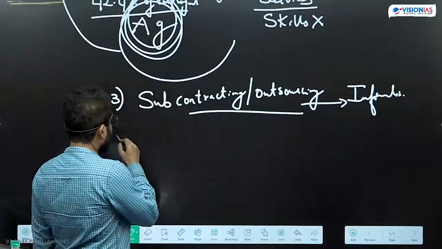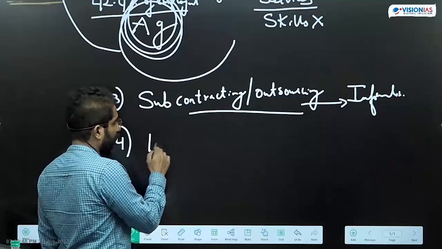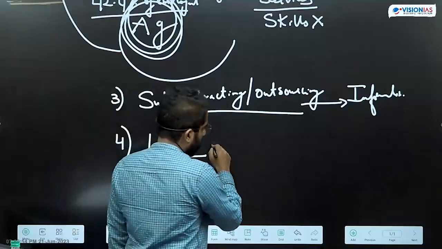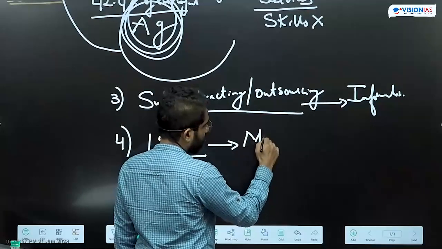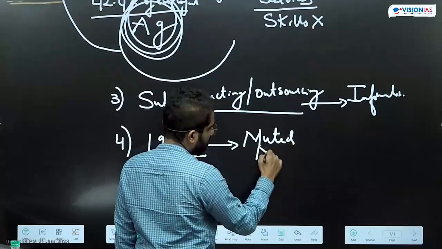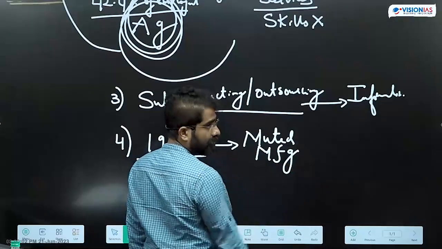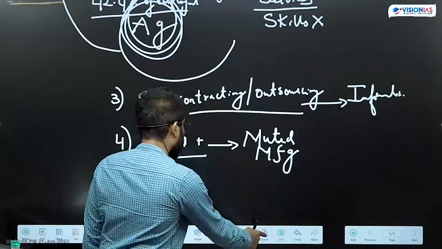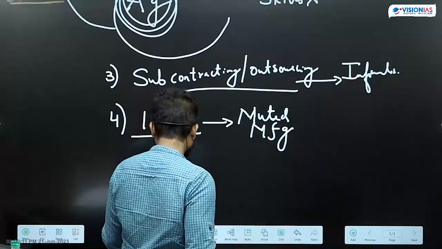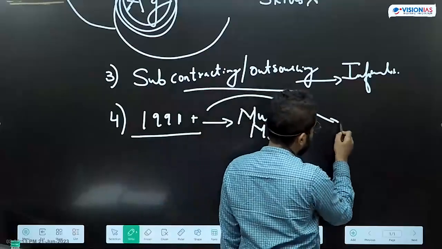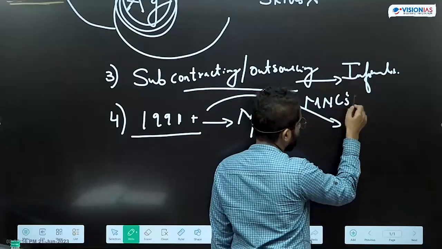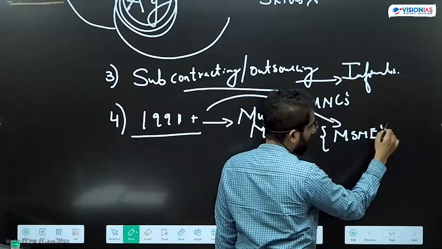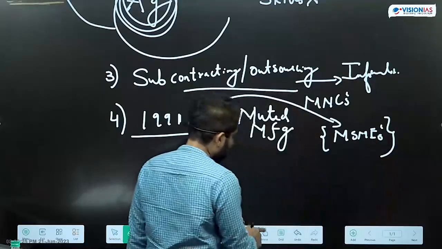Now another important challenge for informalization is that after 1991, that is after globalization, the manufacturing sector was muted. This is called muted manufacturing, as I have written earlier. Another challenge was excess competition coming from other MNCs, multinational companies, because of which the smaller MSMEs, micro, small and medium enterprises, could not compete.